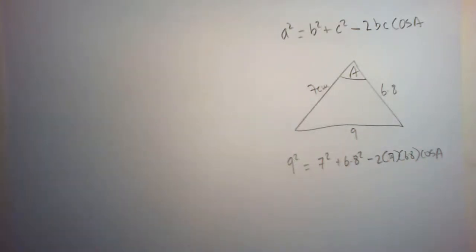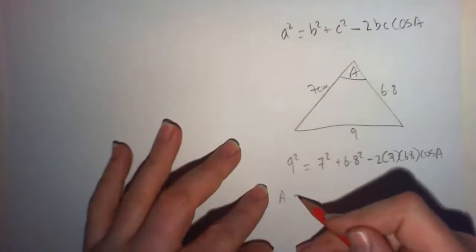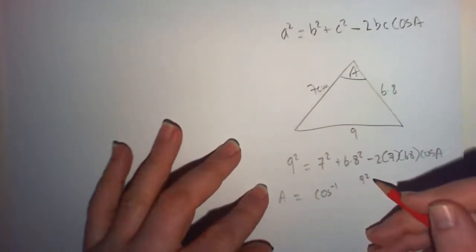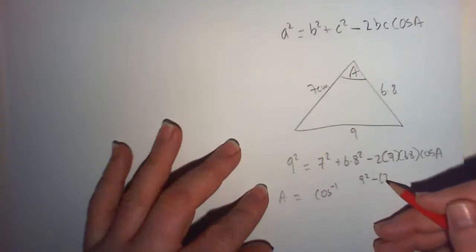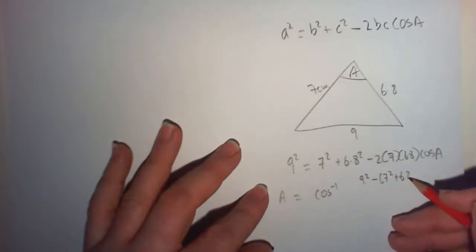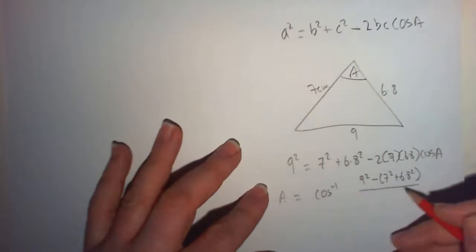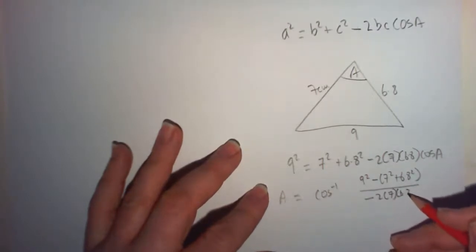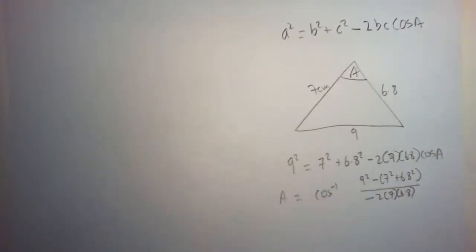So if you wanted to do it all in one go, then A is equal to the cos inverse of 9 squared minus 7 squared plus 6.8 squared, divided by negative 2 times 7 by 6.8, in one fell swoop, just to give yourself a little bit of a break.